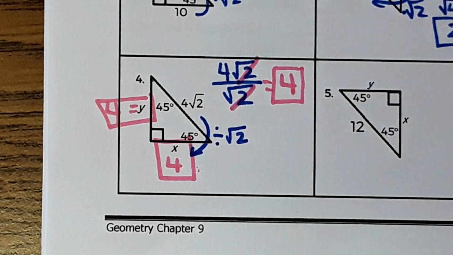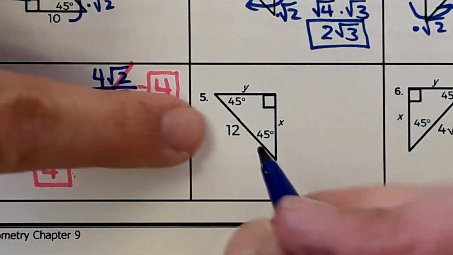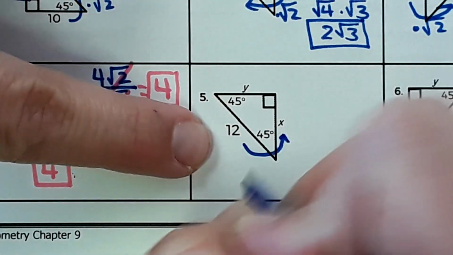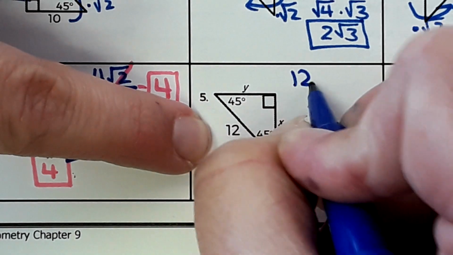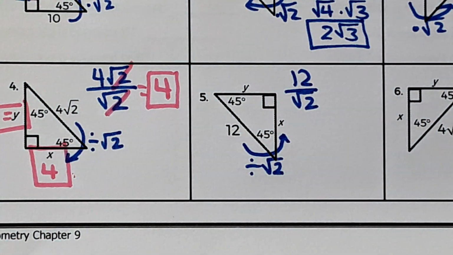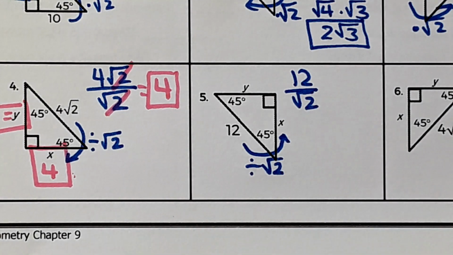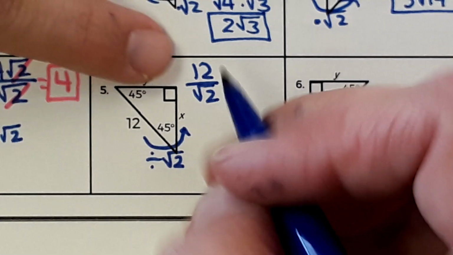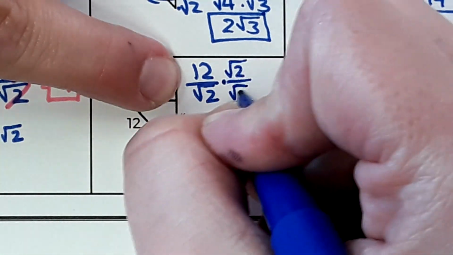Okay, number 5. We're given the hypotenuse is 12, and we have to go to the leg length, so we're going to divide by square root of 2. So 12 over square root of 2. That's great, but we can't have the radical as a denominator. To get rid of that, you have to multiply by square root of 2 over square root of 2.